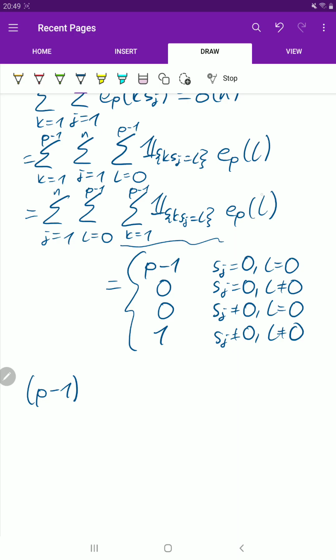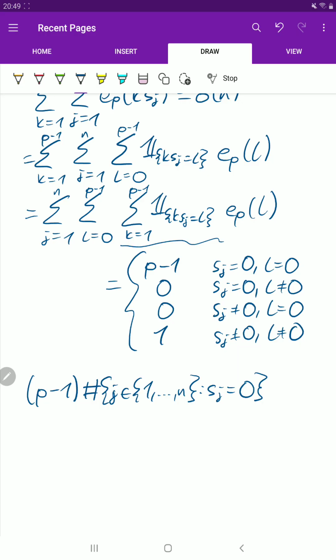And also note that if L equals 0, this EP of L is 1. So we get p minus 1 times the cardinality of the set of j in 1 up to n with Sj equal to 0.